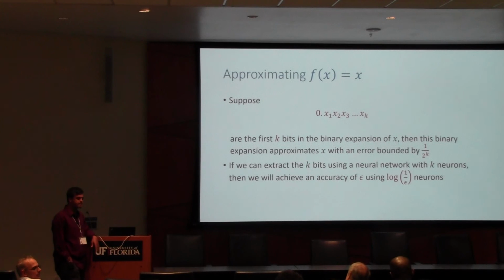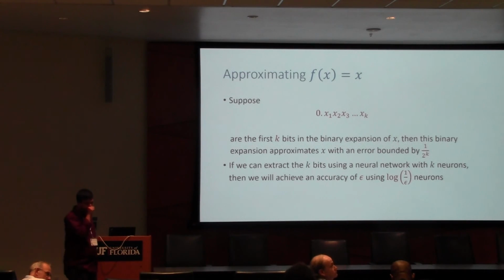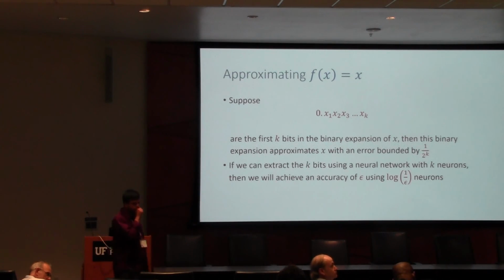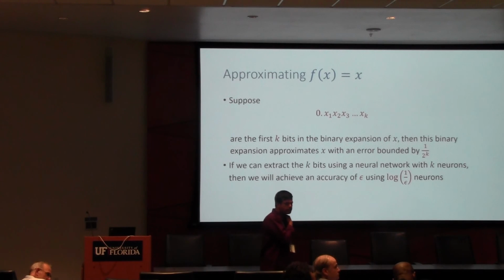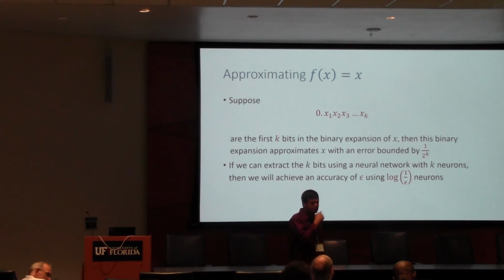So we know that a shallow network without limit can approximate a universal function. If a shallow network can do it, a deep network can also do it, because you can set the weights to be 0.